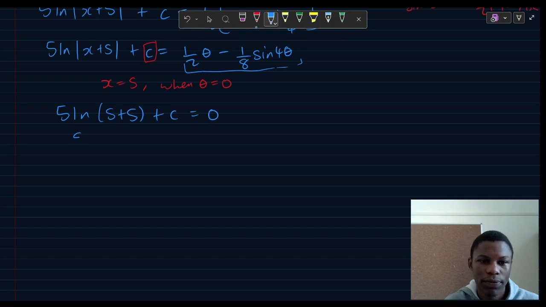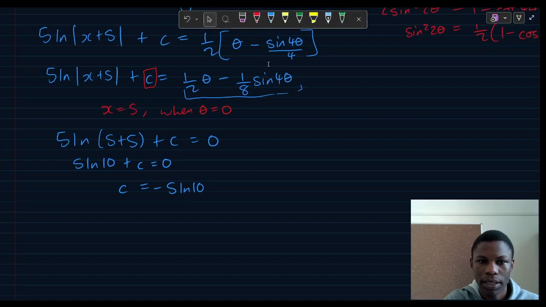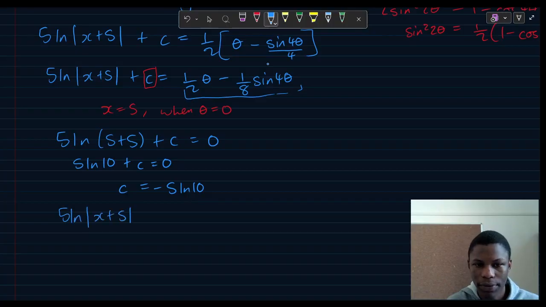So you've got 5 ln 10 plus c is equal to 0, so c is equal to negative 5 ln 10. And so that means our solution to the DE is 5 ln of x plus 5 minus 5 ln 10 is equal to half theta minus 1 over 8 sine 4 theta.